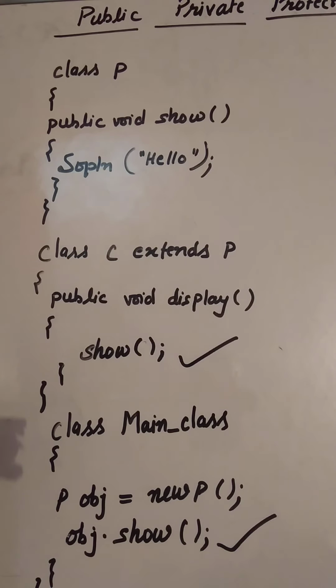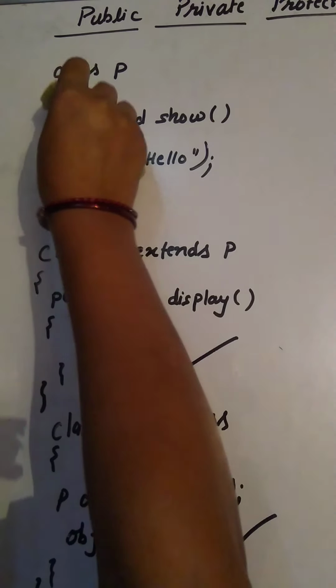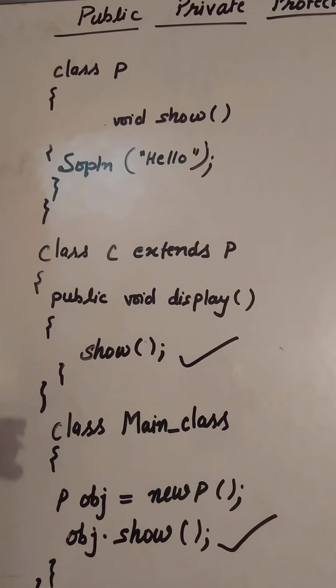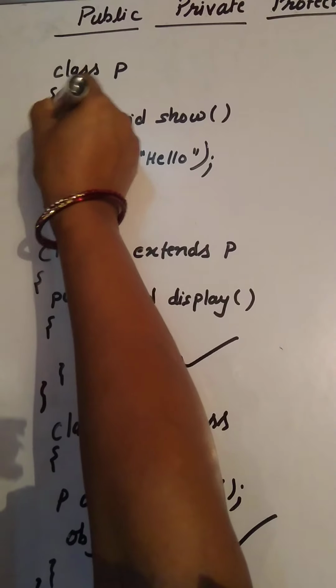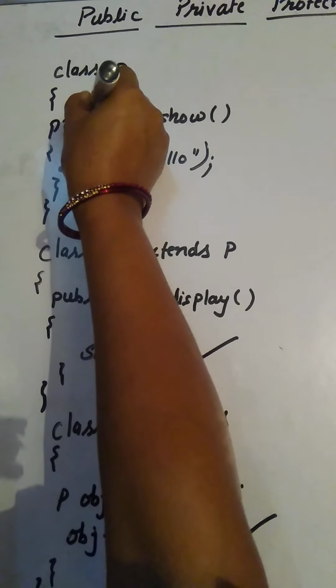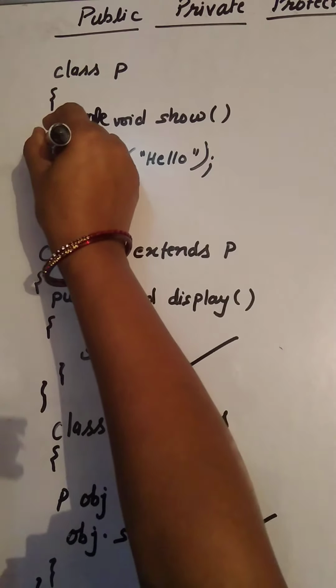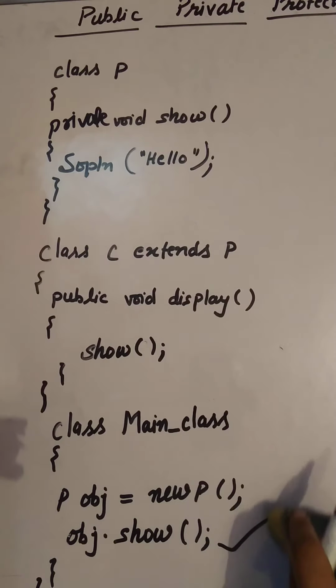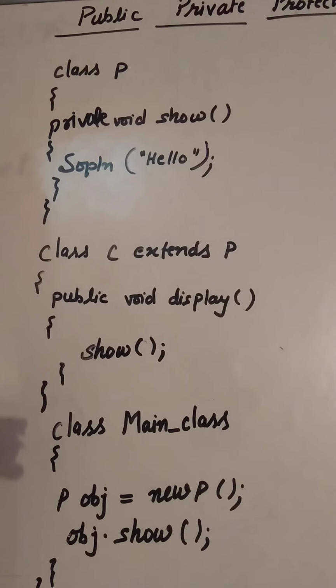Clear? Now suppose we are using the method as private. Here the modifier is private. Okay, when we declare the base class method as private, then what will happen?